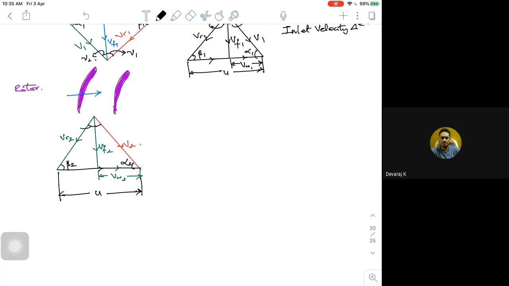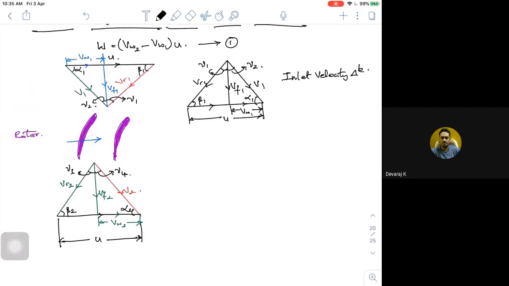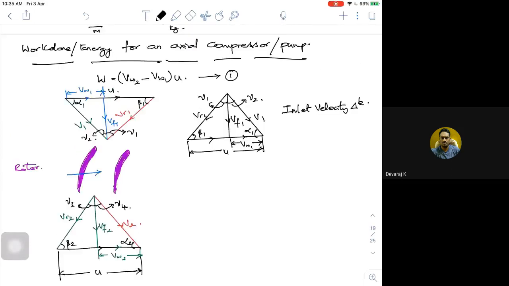So if I call this gamma 3 and this gamma 4, then gamma 1, gamma 2, gamma 3 and gamma 4 are the corresponding air angles. So this is one special case where they ask us to obtain the expression for work done in terms of air angles. Okay.